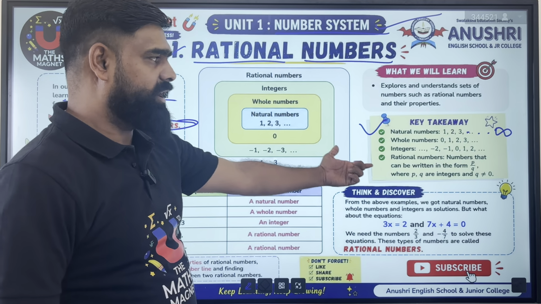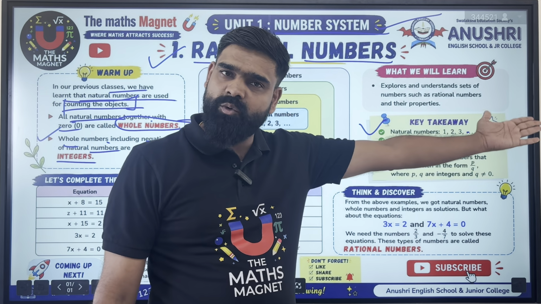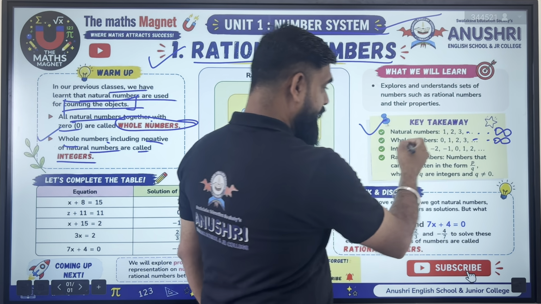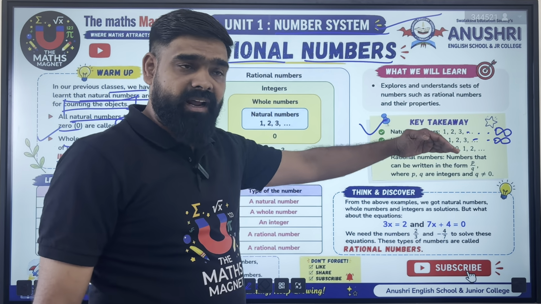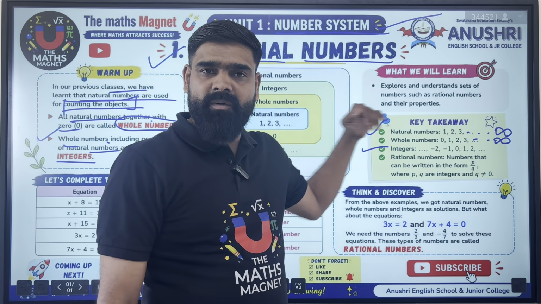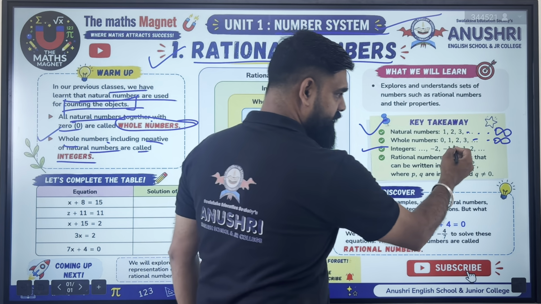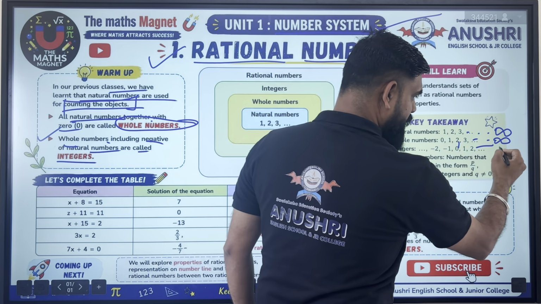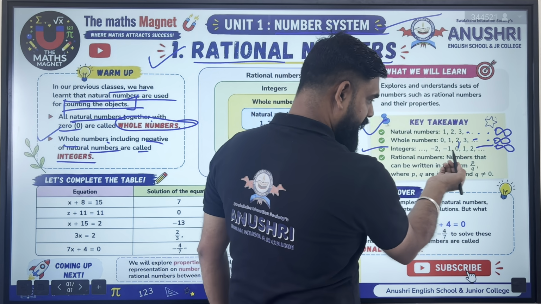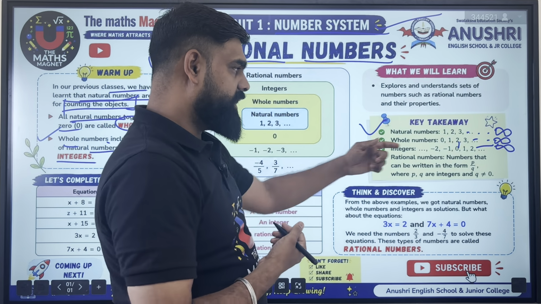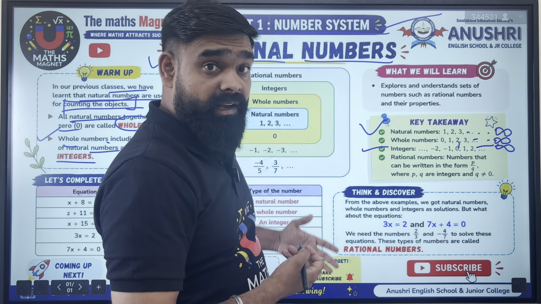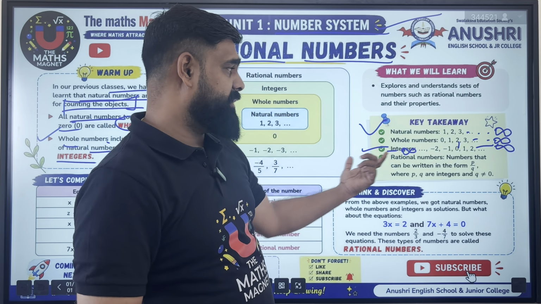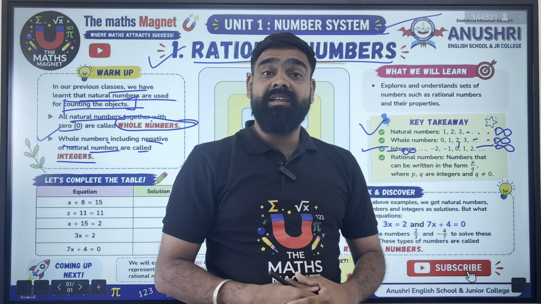Whole numbers mean 0, 1, 2, 3 up to infinity, right? And the integers are the numbers which include the negative numbers also. When we start with 0, 1, 2, 3 to positive infinity, and include the negative numbers also till negative infinity, this set of numbers comes under the integers.